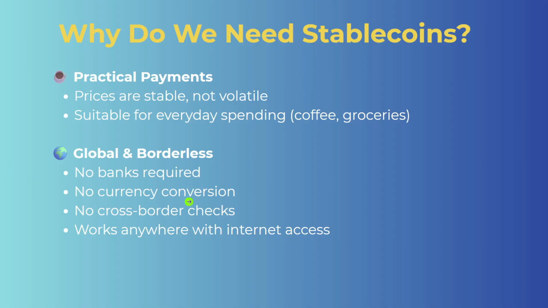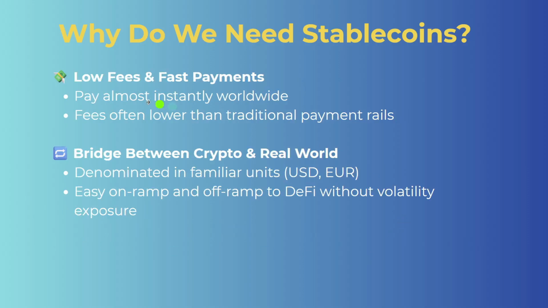We don't want a currency conversion. We don't want a cross-border check, and we want something that works anywhere there is an internet connection. We want low fees and fast payment, so we want to pay instantly worldwide, and we want the fees to be lower than traditional payment rails.